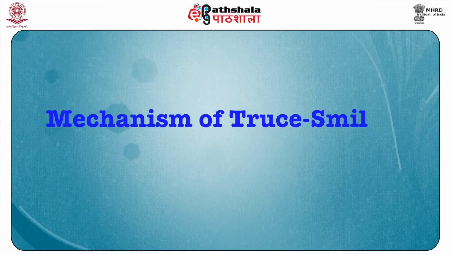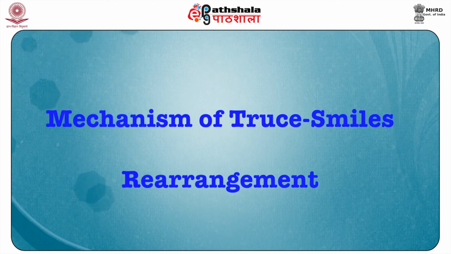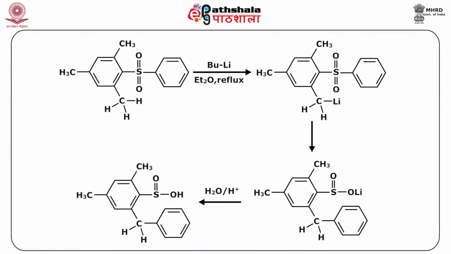Now, let us talk of the mechanism of the modified Smiles rearrangement, or the true Smiles rearrangement. When a sulfone is treated with butyl lithium, deprotonation leads to the formation of a benzylic lithium compound. True Smiles rearrangement and hydrolysis of this intermediate gives the sulfonic acid.